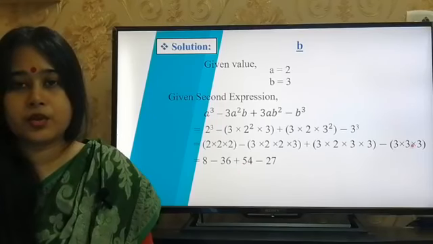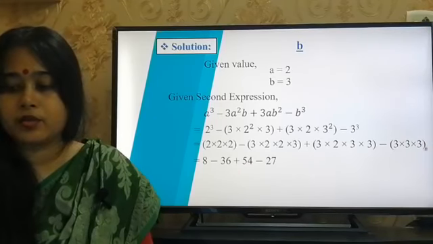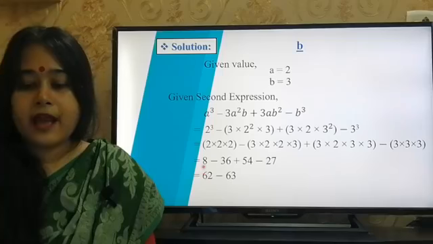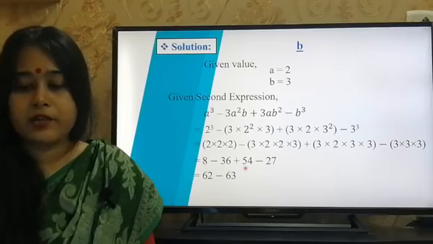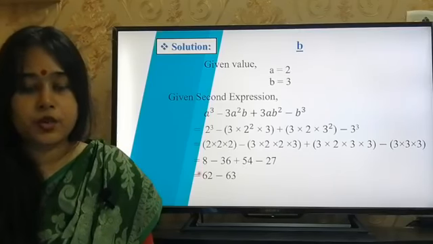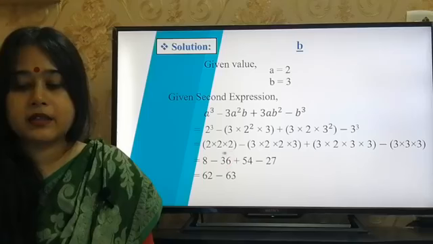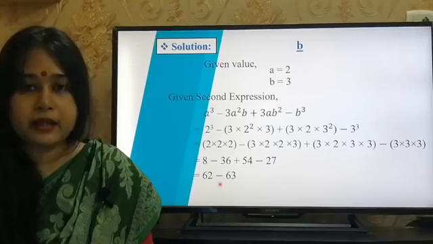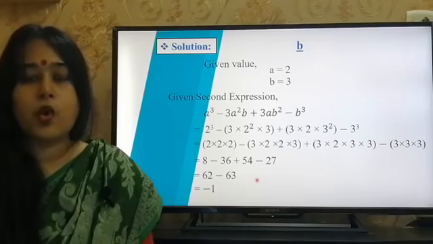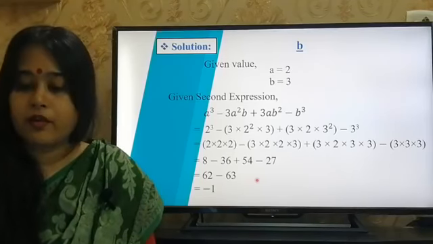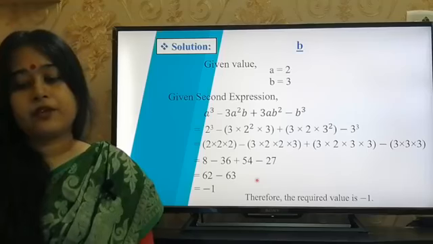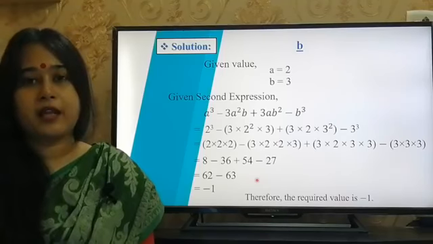Here 3 into 3 is 9, 9 into 3 is 27. If we add 8 plus 54, we get 62, and if we add 36 and 27, we get 63. So 62 minus 63, we get minus 1. So this is the value of our question number B. Therefore the required value is minus 1.